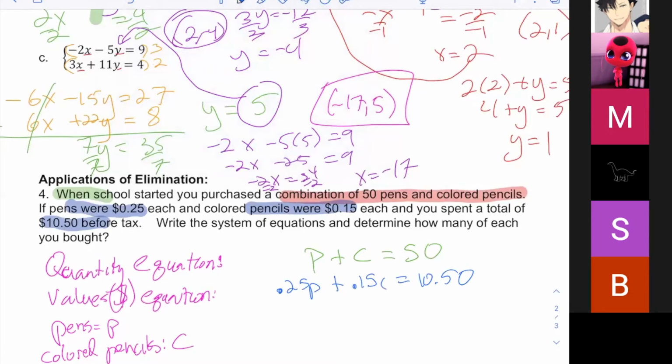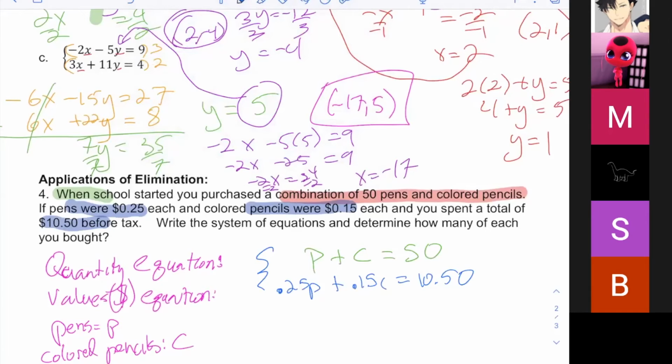Okay. And there's our system. And it would have been pretty tricky to do this with substitution or setting it up a different way. But with elimination, you see how things are lined up.